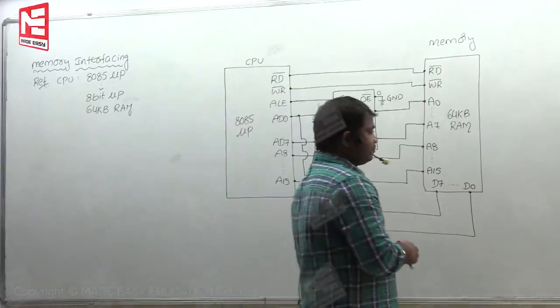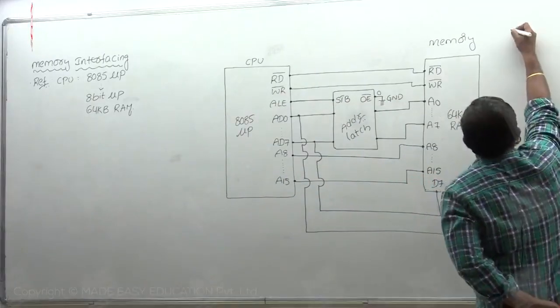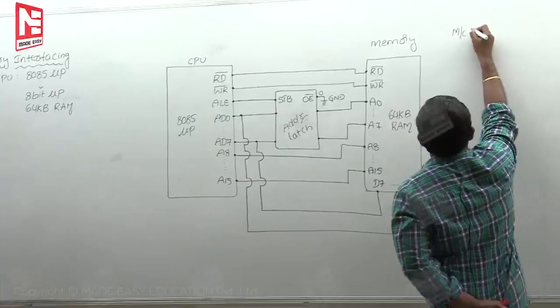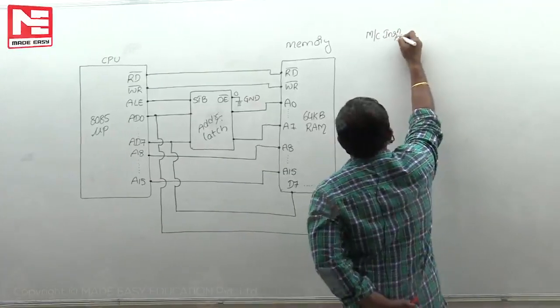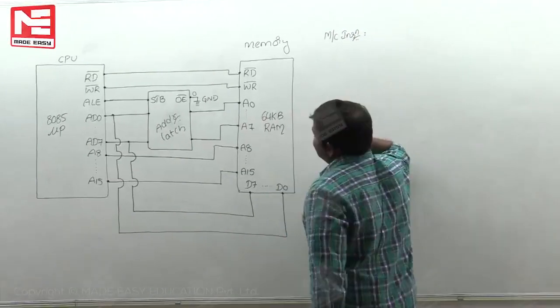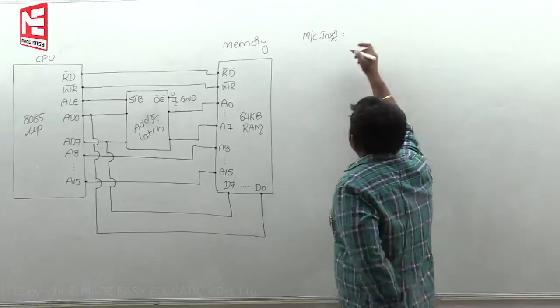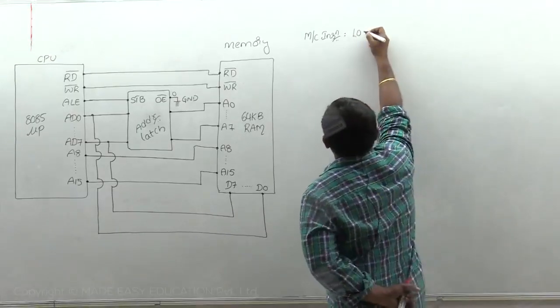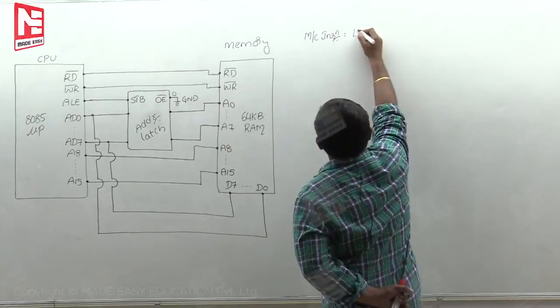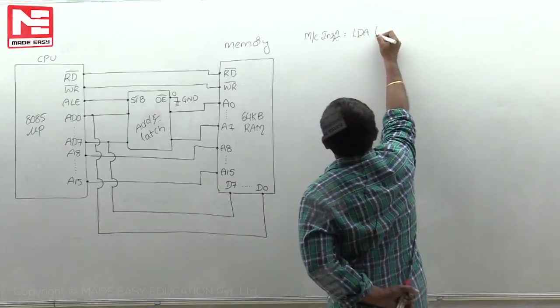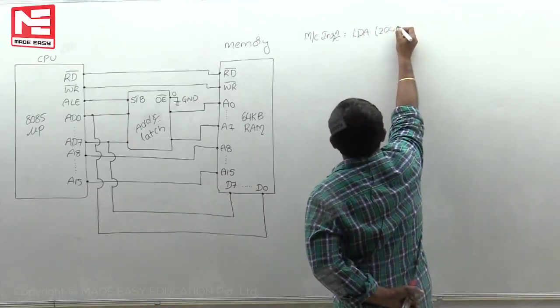Observe the points carefully. First of all, the machine instruction. The action is specified with an instruction. The instruction is a load instruction. Let us say LDA, load accumulator with 2040.